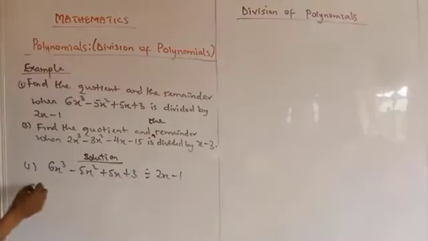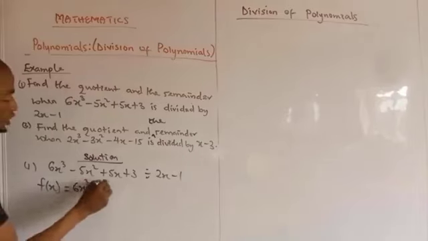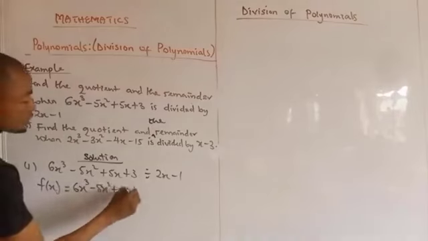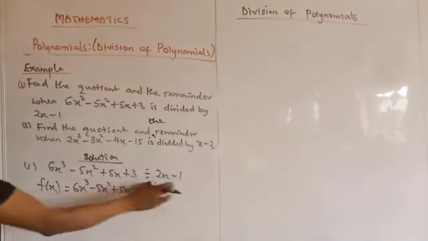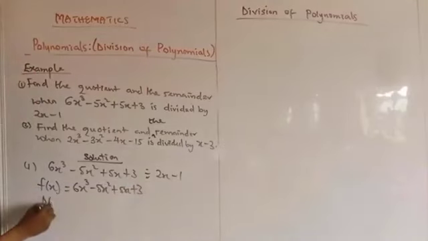From here we see that our f of x will be equal to this polynomial, 6x cubed minus 5x squared plus 5x then plus 3. Then this is called the divisor. This will be our d of x, which will be equal to 2x minus 1.